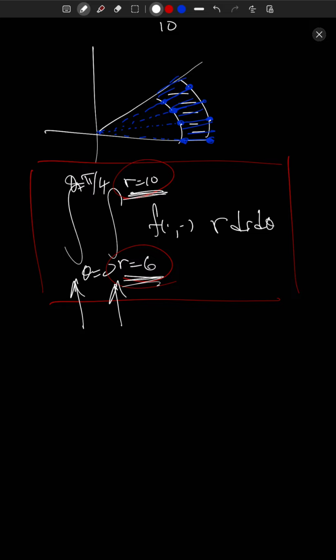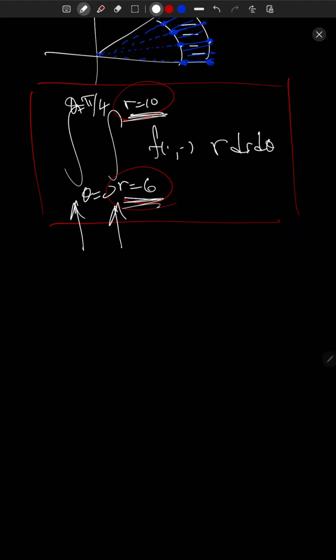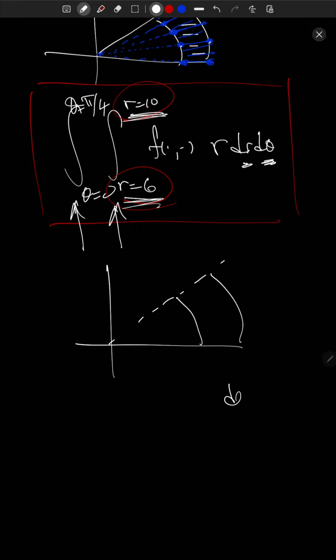However, if you do want to integrate with respect to d theta first, and then dr, how would you do that? Well, let's do this particular example. If you want to integrate d theta first, there still has to be an r, right? r dr d theta, and then your f goes in here. How do you represent your theta integral?